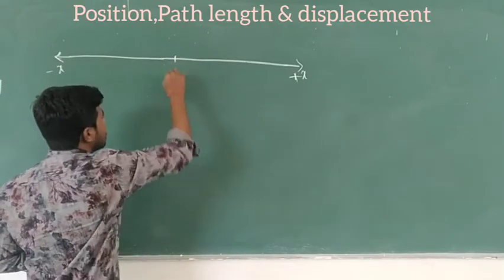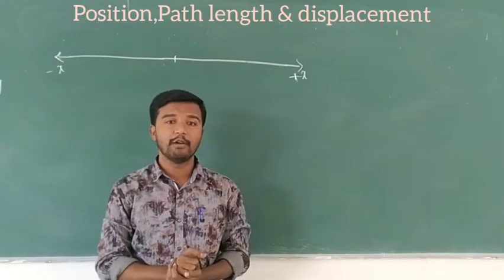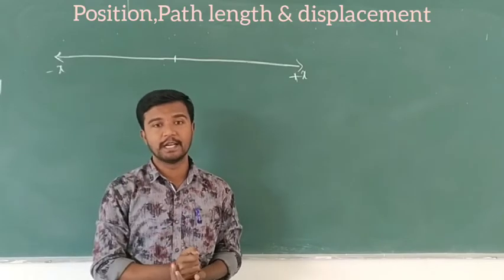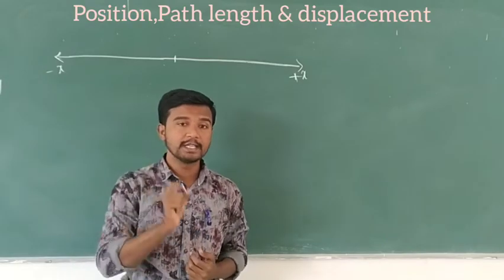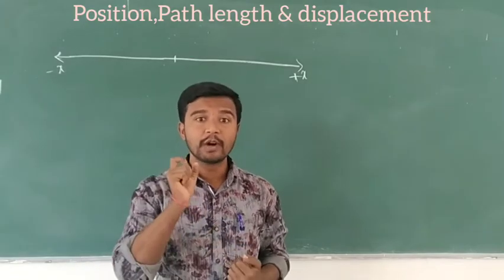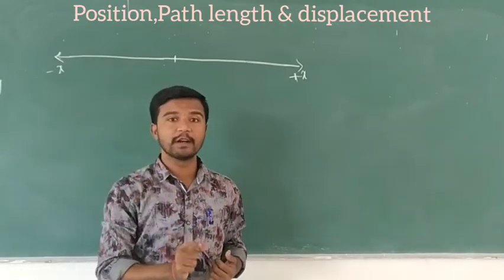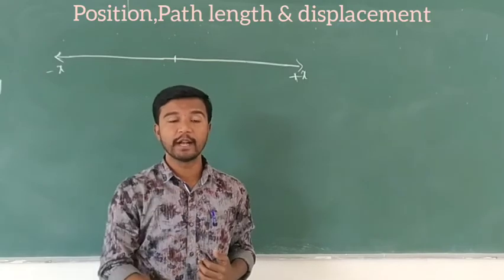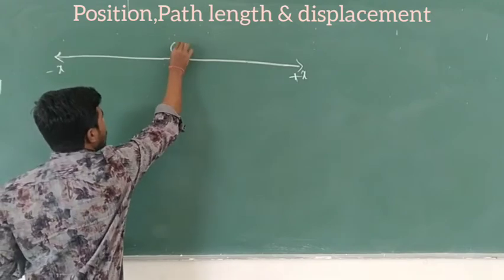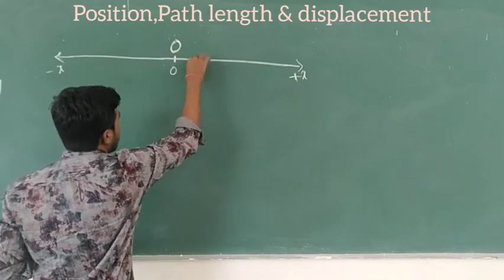In this example we have to consider the position of an object with reference to a convenient origin. This is the origin O, from this point it is 0 and so on.